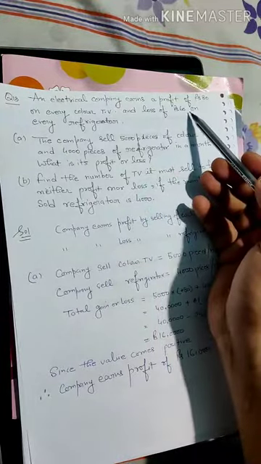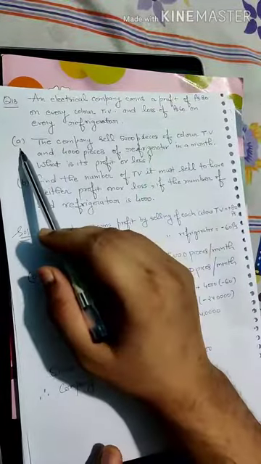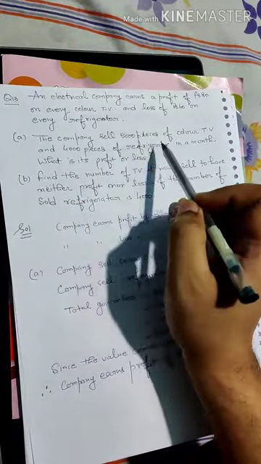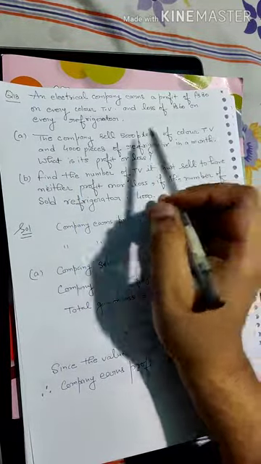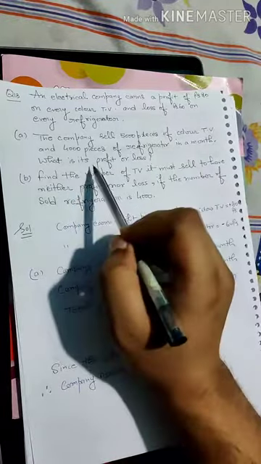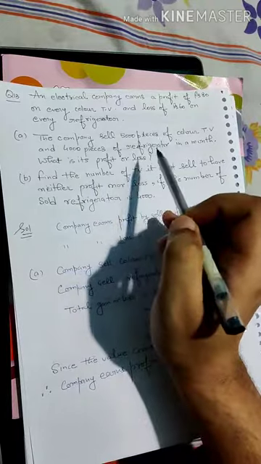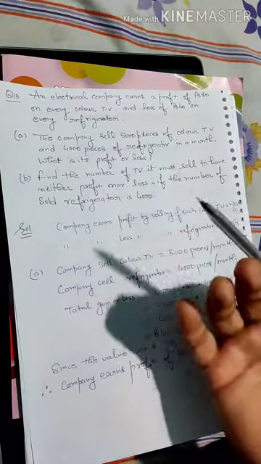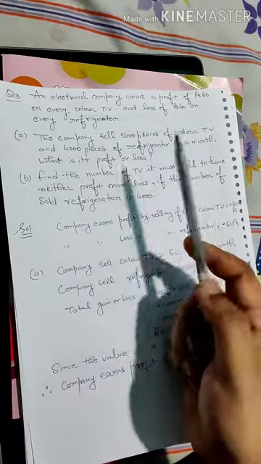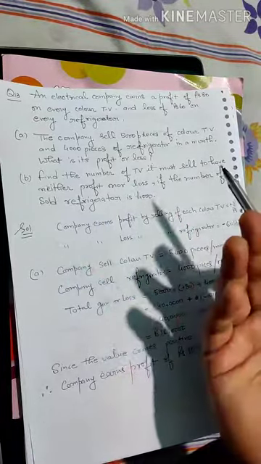Part A says that the company sells 5,000 pieces of TV and 4,000 pieces of refrigerator in a month. So what is the profit or loss percentage? The writer wants to say: find the profit or loss percent.